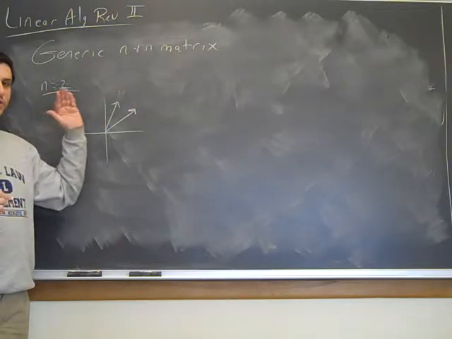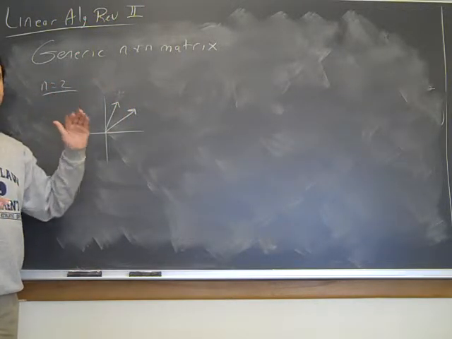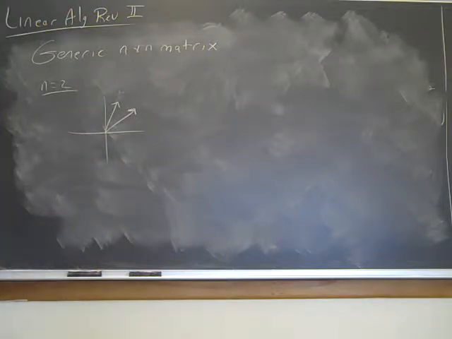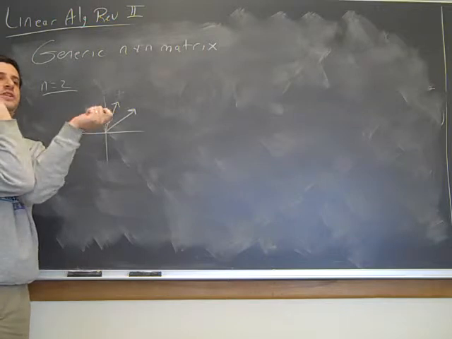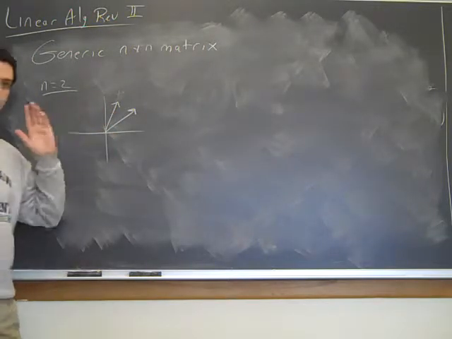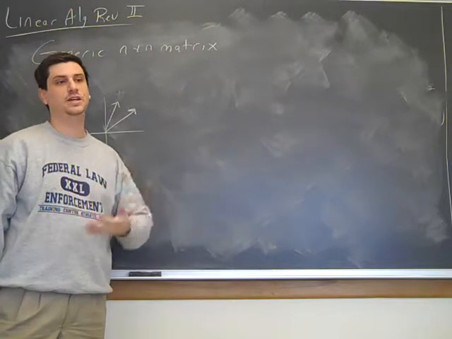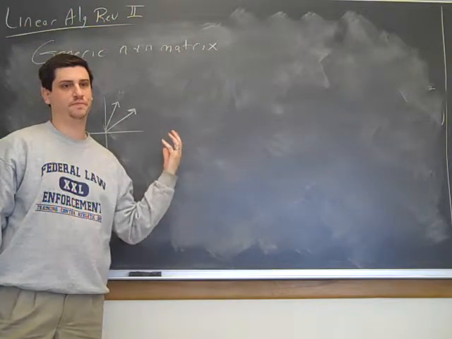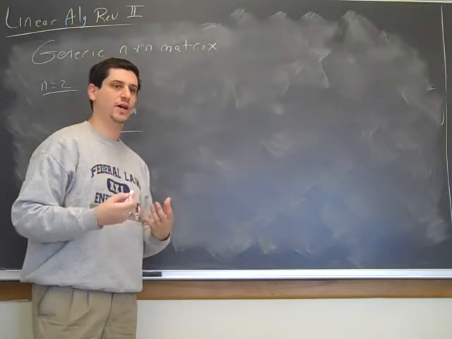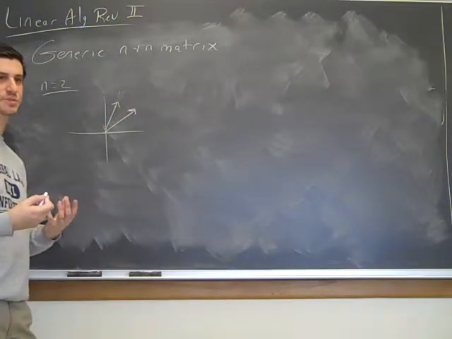And similarly, if I try to go to 3 dimensions, I now have 3 vectors. If I choose 3 vectors in the plane, of course, they're going to be linearly dependent. But if I'm now choosing 3 vectors in 3-dimensional space, it's very unlikely that my third vector is going to lie in the plane that the first 2 span. And then in 4 dimensions, it's very unlikely the fourth vector will lie in the 3-dimensional hyperplane the first 3 span.